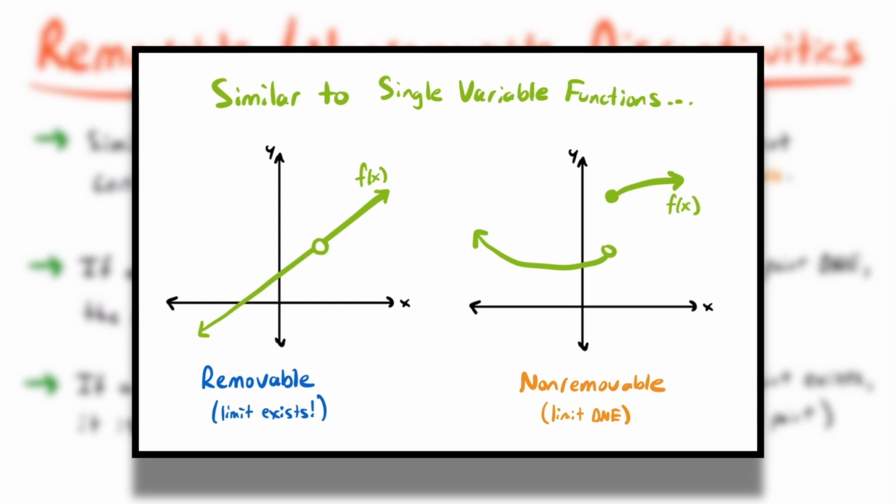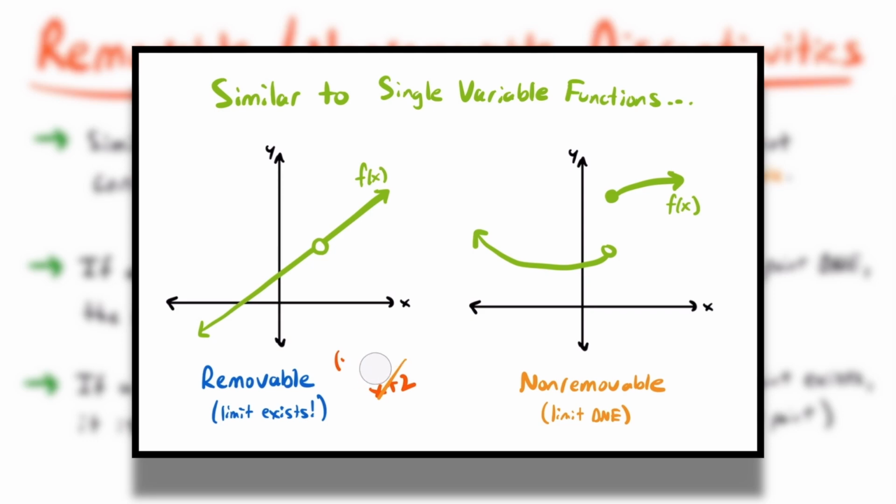As a quick example, x squared minus 4 divided by x plus 2: you could factor that numerator since it's a difference of squares, and you'd have x plus 2 times x minus 2. So in this form, there's a discontinuity at x equals negative 2 because that would make the denominator 0. But by rewriting the function in this way, these two factors cancel out, and now you've rewritten the function as just x minus 2, which would be continuous at x equals negative 2. So we would call that a removable discontinuity.